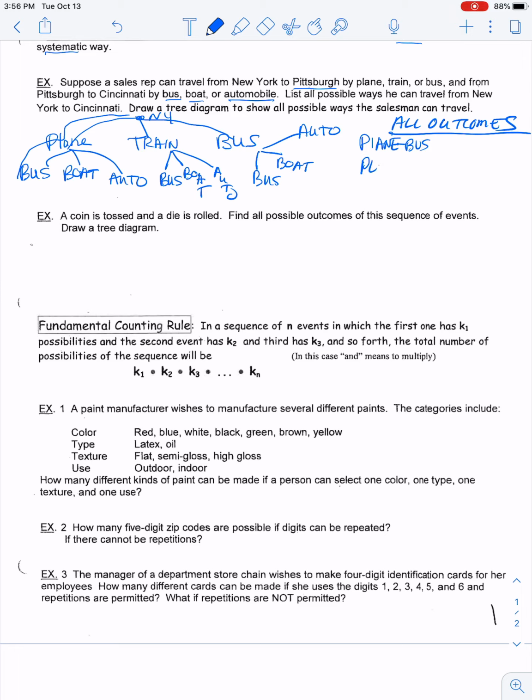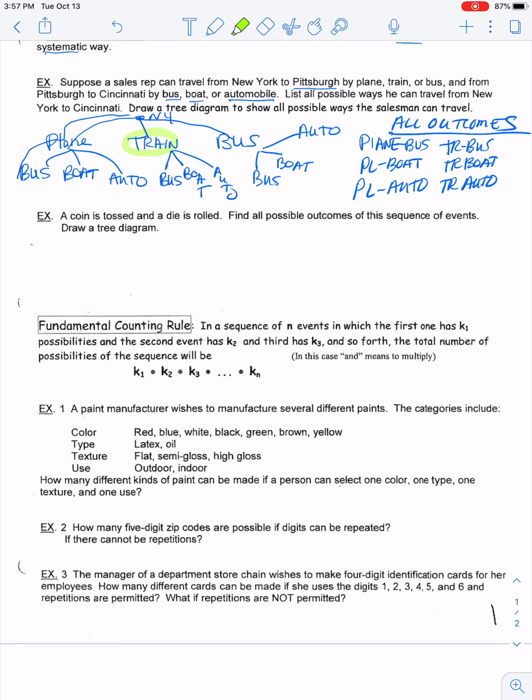We can do a plane and then a boat. We could do a plane and then an auto. Okay, secondly, if I start in here with train, we can do train, bus, train, boat, train, auto.